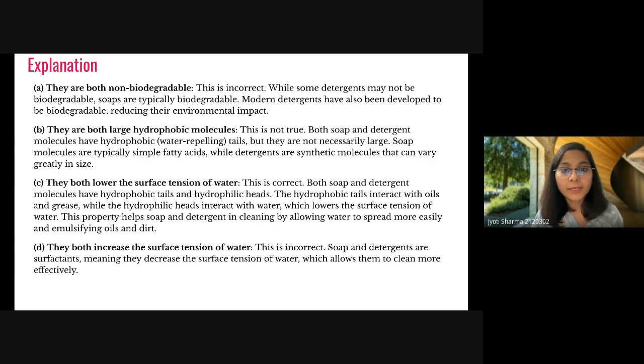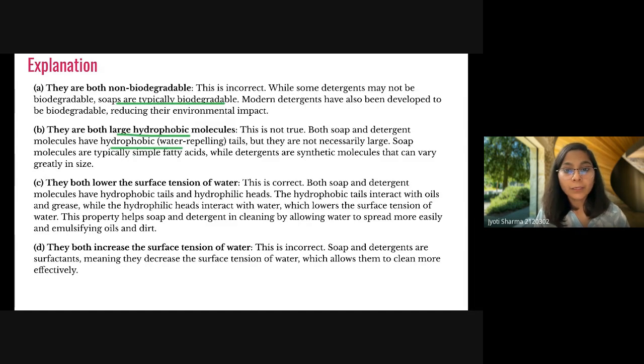So here, see, some detergent may be biodegradable. Soaps are typically biodegradable. And right now, both detergent and soap are biodegradable. If we are talking about hydrophobic, then this is not true, because they have a hydrophobic tail.